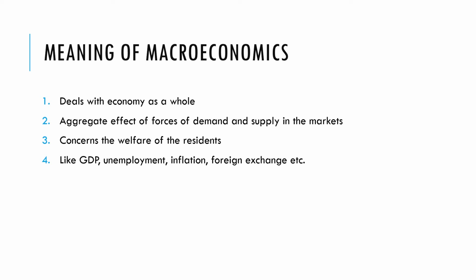Now the question that comes to mind is, what is an aggregate demand and what is an aggregate supply? In brief, aggregate demand is the macroeconomic term that expresses the total demand for goods and services at any given price level in a given period.